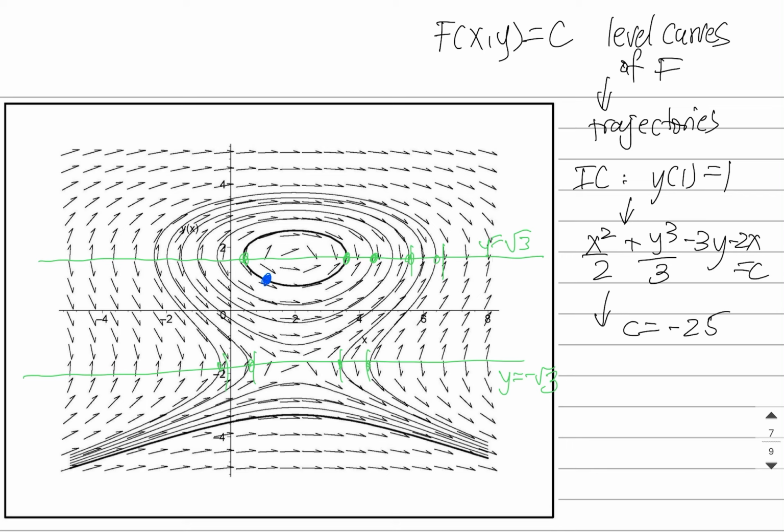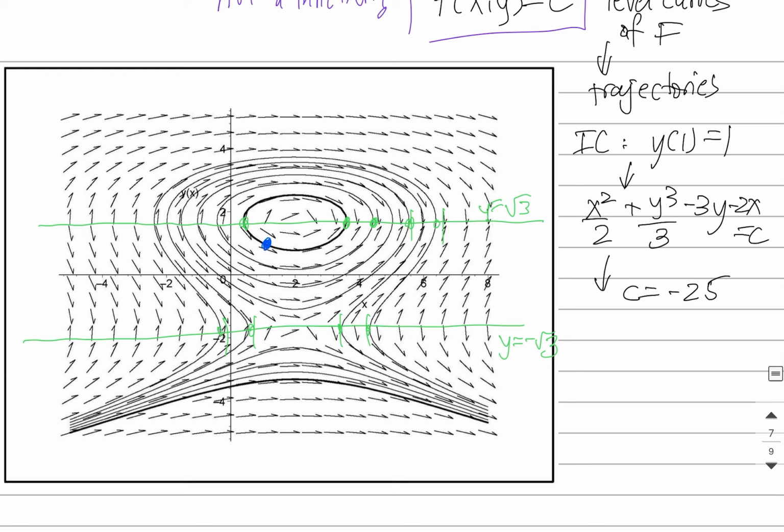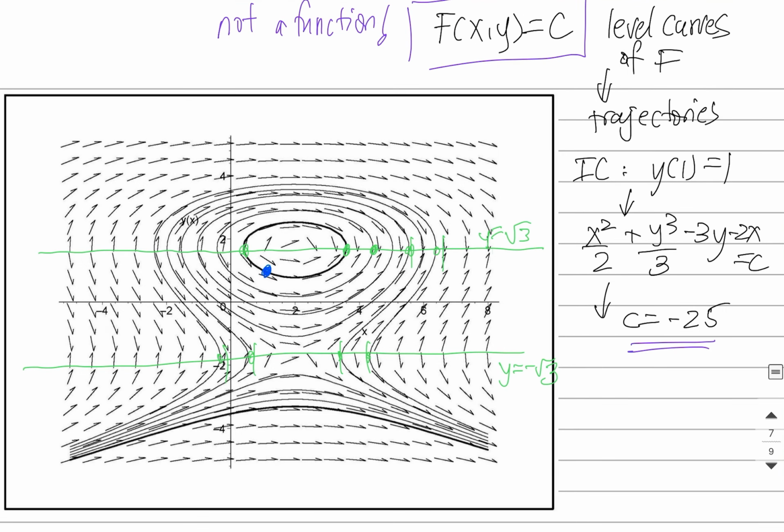Generally, when we have an implicit solution like this, this is not a function. So it's not going to pass the vertical line test. So when you've got this initial condition, if we were to plot the level curve for this thing equal to negative 25, it turns out that there are 3 portions, and they're all in this darkened line. So this portion corresponds to that level curve, and then these 2 as well.